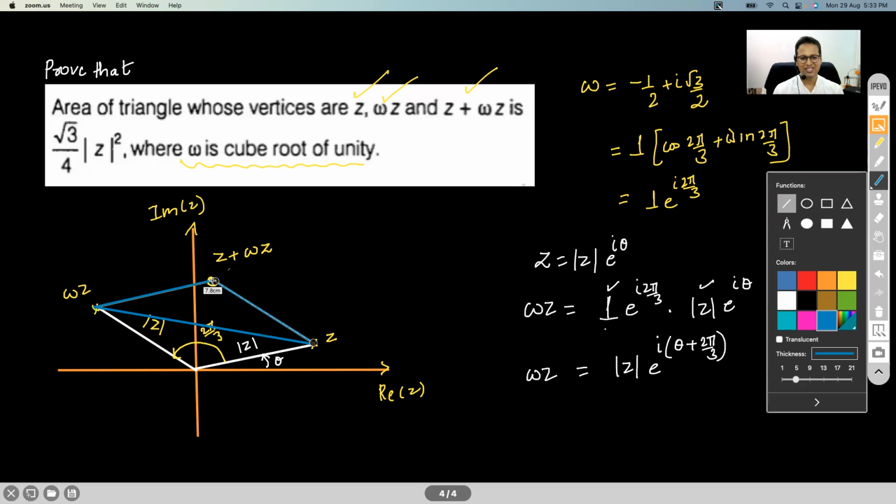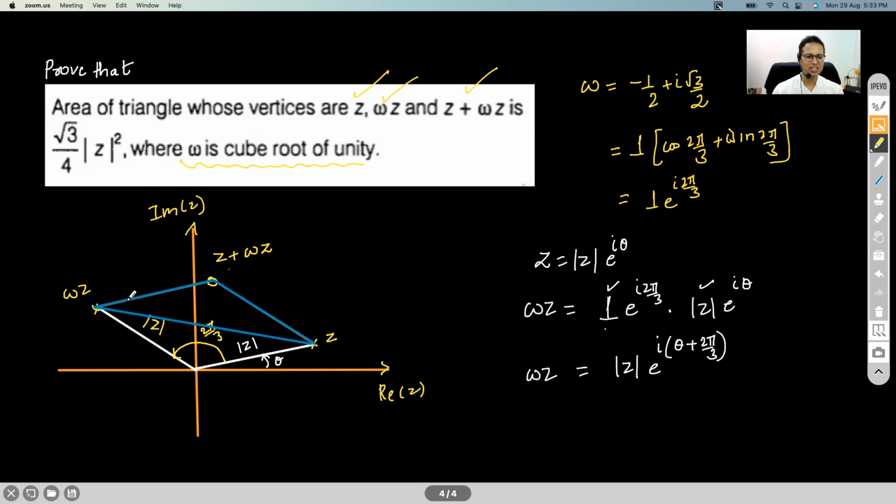So what are they asking you for? They're asking you for the area of this triangle. Please find it out now, everybody. Take 2 minutes. Find the area of this triangle. And just say done if you are done. However, the result is already mentioned on your screen here.